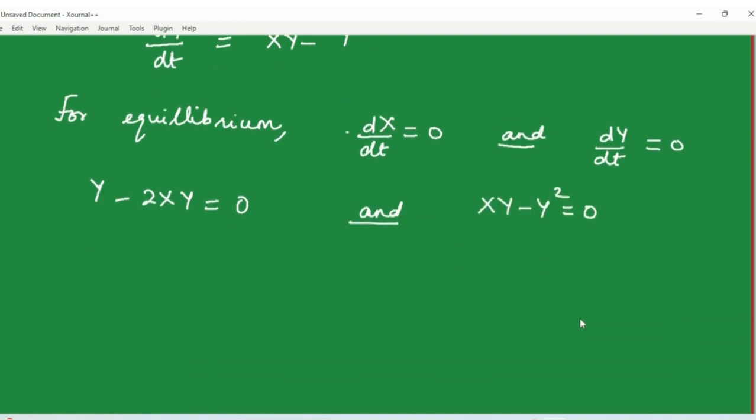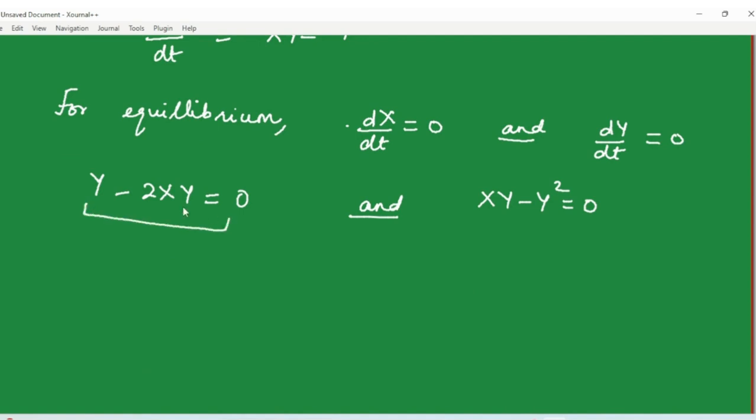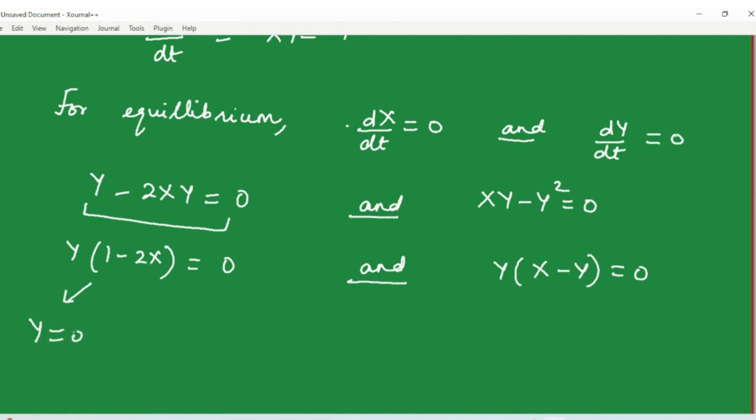Now let's look at the possibilities for this to be 0. Here your y is common, so you have this as 0, and you also want this to be 0. So that means either y is 0 or x is 1 by 2. And from here you have two options, y equal to 0 or x equal to y.